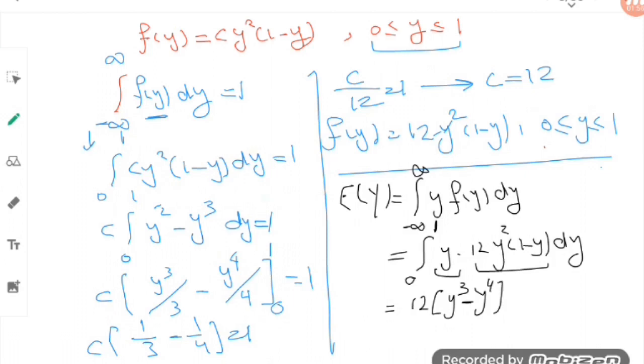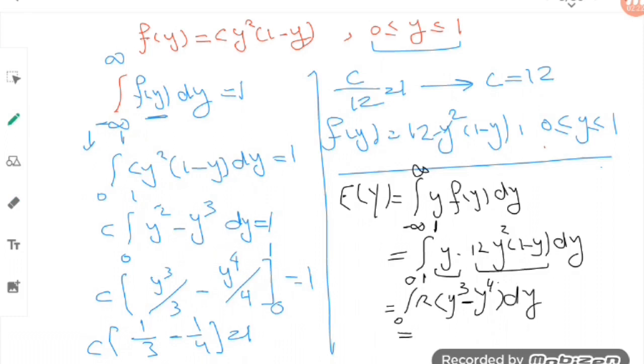I'm sorry, we did not find the integral yet, we just did the multiplication. But here we still have 12 outside the bracket, and then we are integrating from 0 to 1 dy.